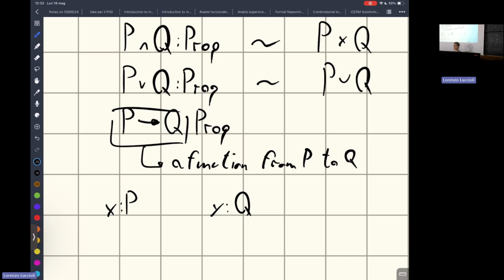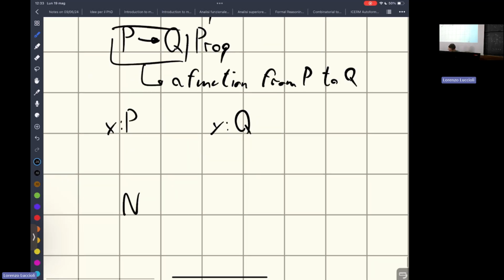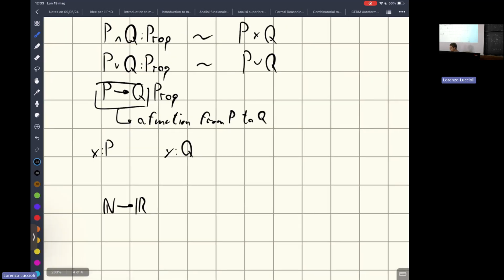We don't need to define them because they're needed to manipulate the very basic objects of type theory. And that's exactly the same thing as taking a function from N to R. It's something that takes an element in the first type and gives you an element in the second. That's the same as doing an implication.